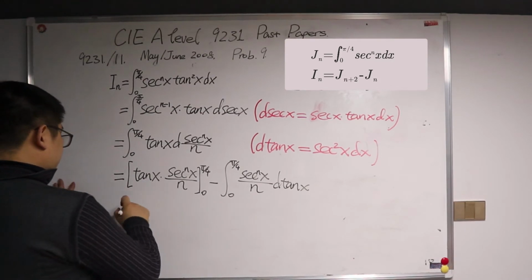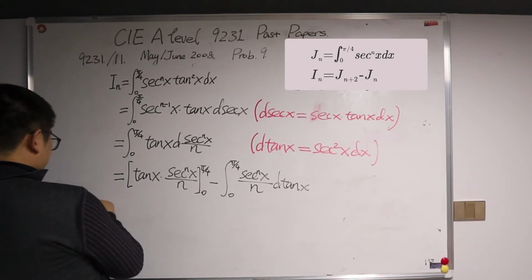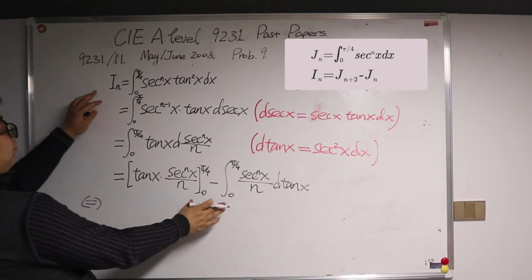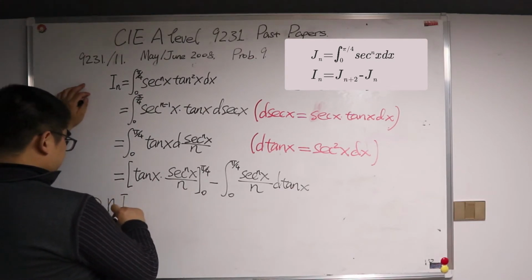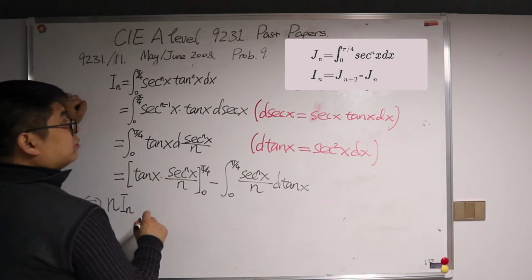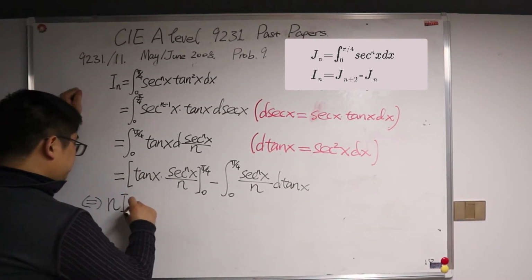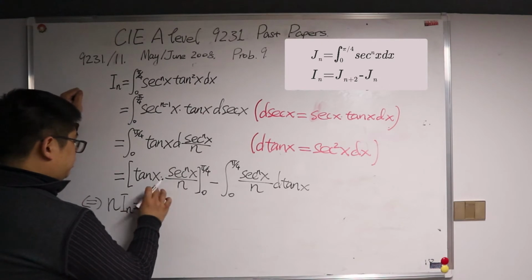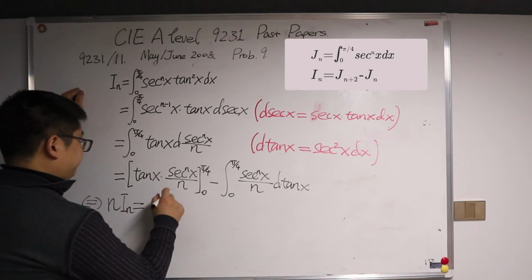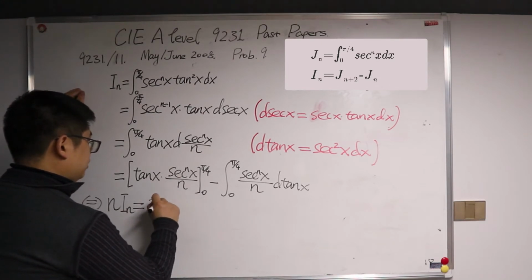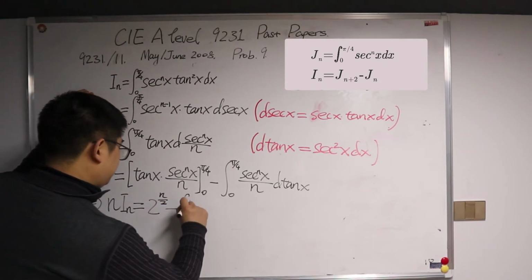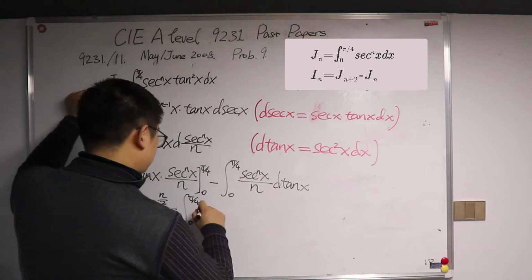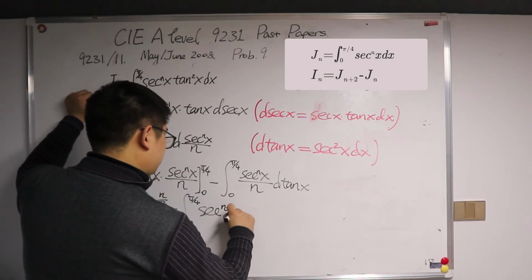And so we have this. Multiply both sides by n, so we have n times In equals to something like this.